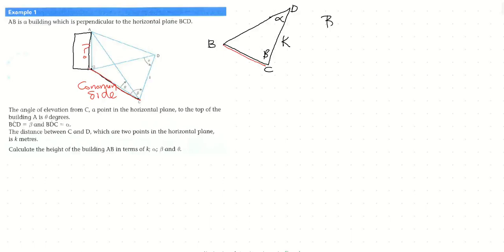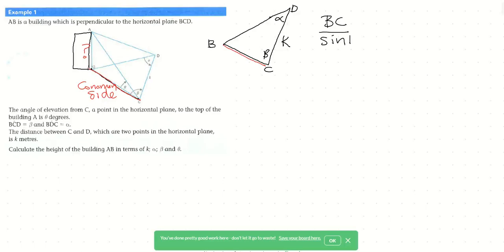So we go BC over sine D, opposites, right? And then we have this angle over that side. But I don't have anything on that side, and I want this side length to help me with that angle.